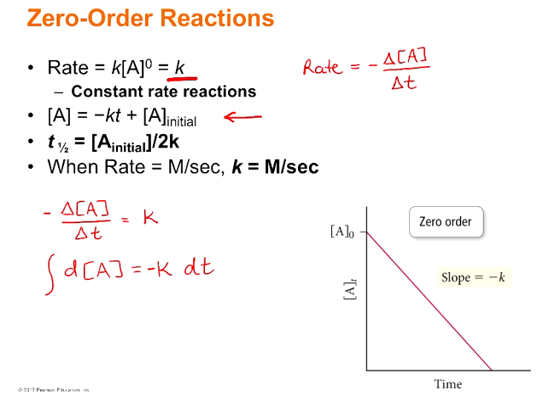So I'm going to integrate from an initial concentration of A, which we'll label with a subscript 0, and then some other concentration of A, so a final concentration. And then I'm going to integrate over on the right-hand side dt from 0 to some time t.